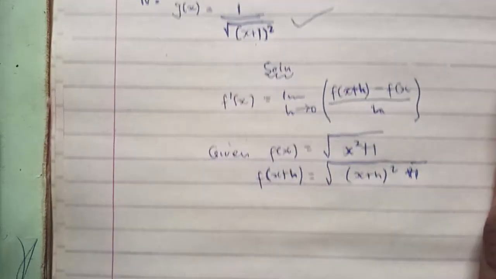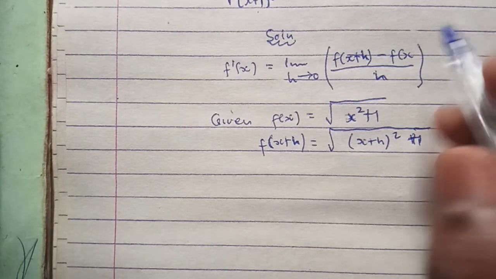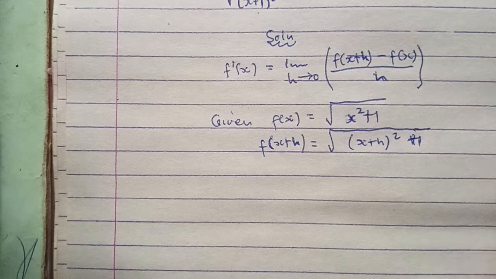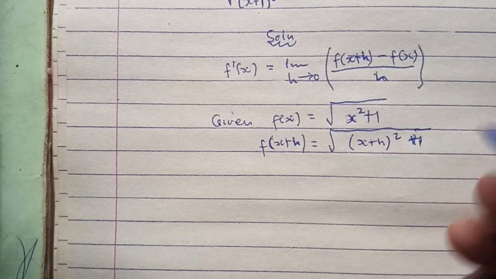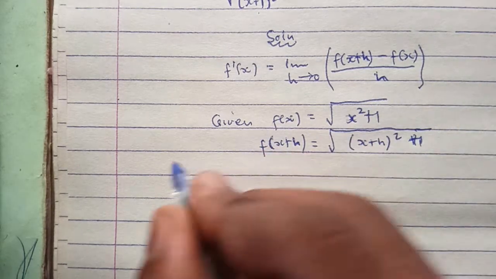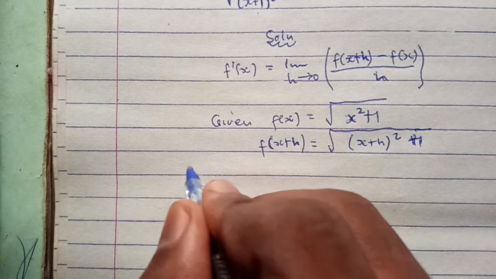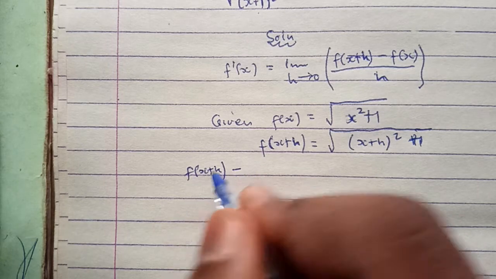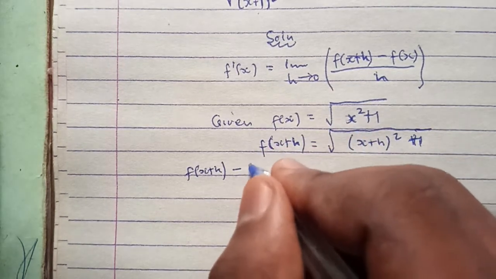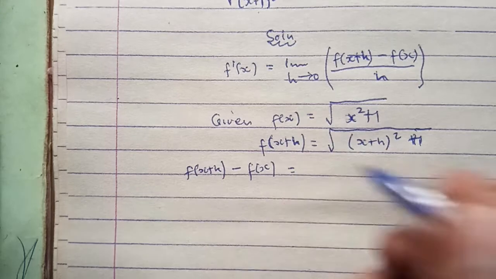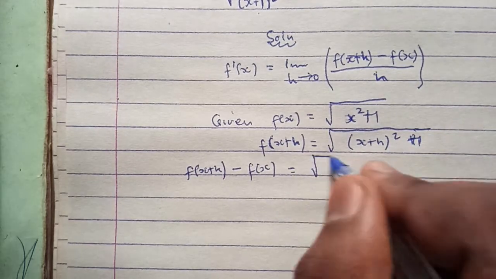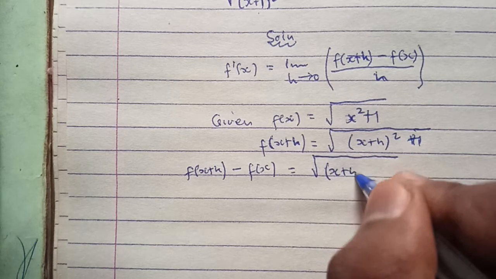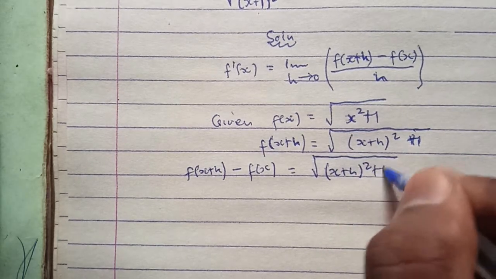Now we move on by finding this operation, that is subtracting f of x from f of the expression x plus h. So in doing so, we will get f of x plus h minus f of x to be equal to square root of (x plus h) all squared plus 1.